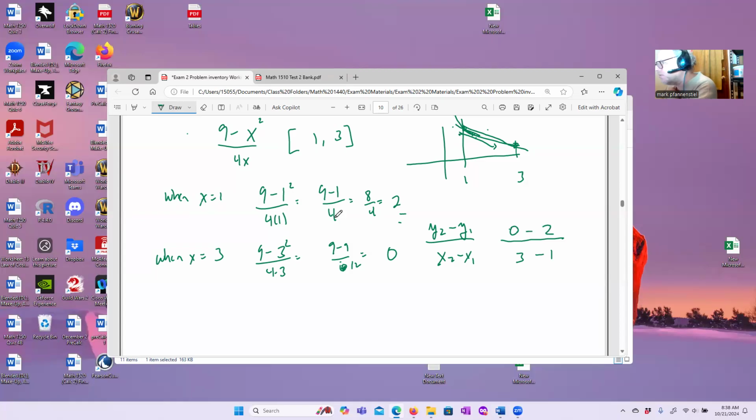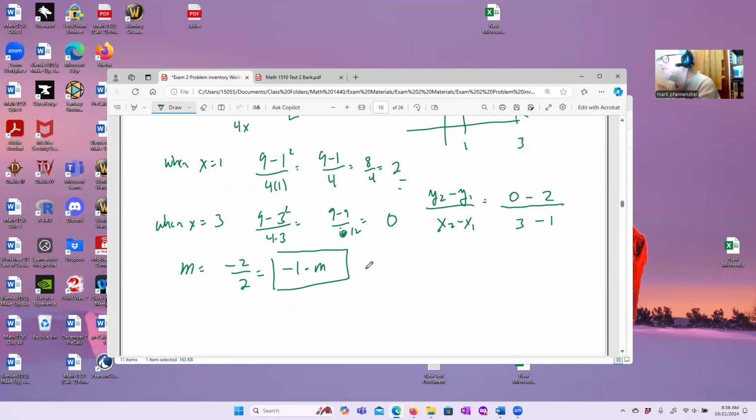So our m is equal to negative 2 over 3 minus 1, which is 2, so it's equal to negative 1. So that's the thing we're trying to figure out. Somewhere in this function there is a c where the derivative at c is going to equal negative 1. So that's what we have to figure out first.